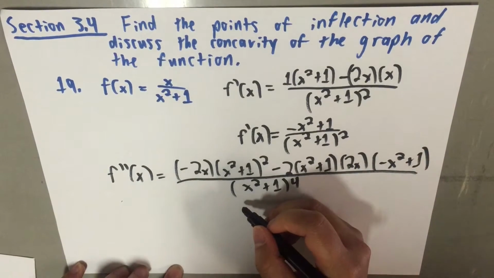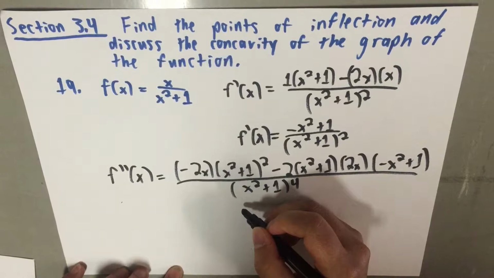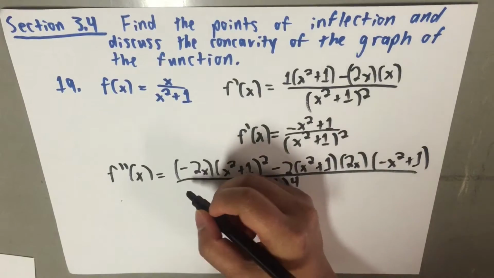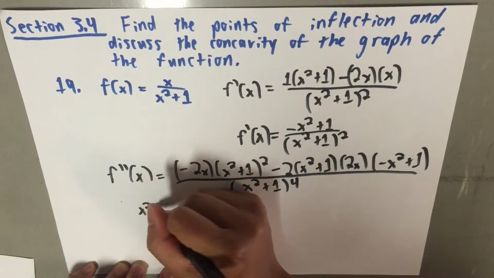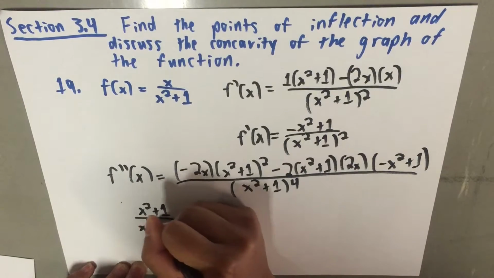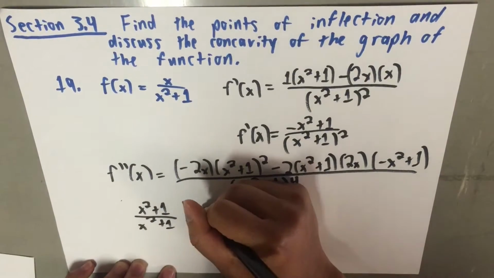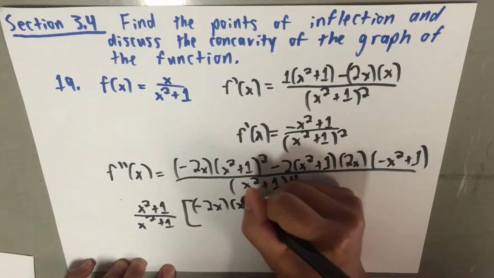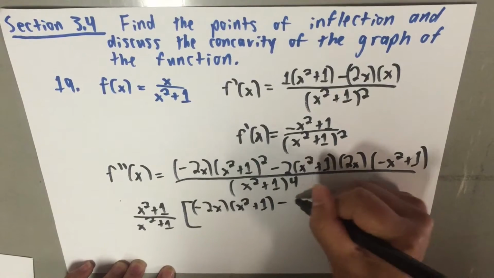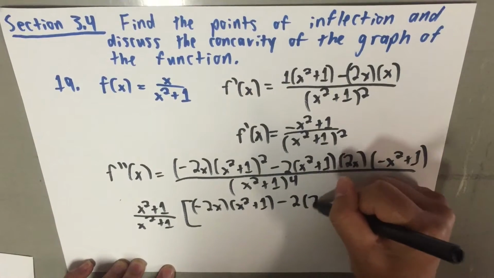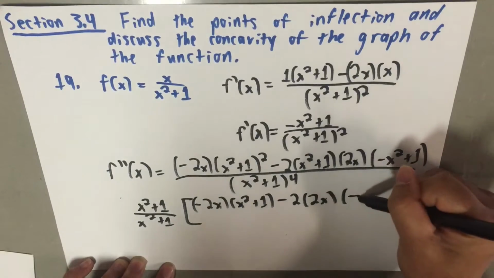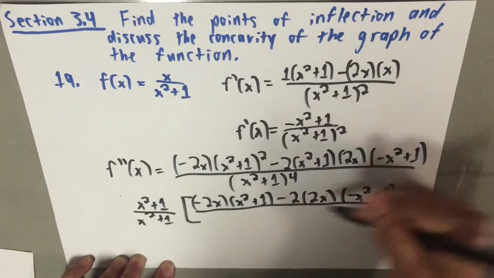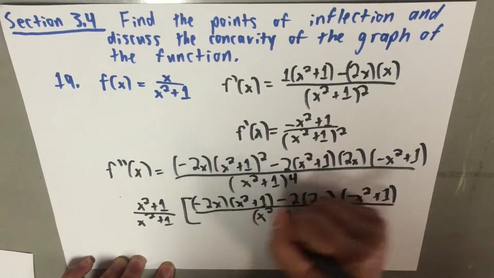From here you can distribute. You can take out x squared plus 1 from the top and the bottom. So you're left with negative 2x times (x squared plus 1), minus 2 times 2x times (negative x squared plus 1), over (x squared plus 1) to the third.